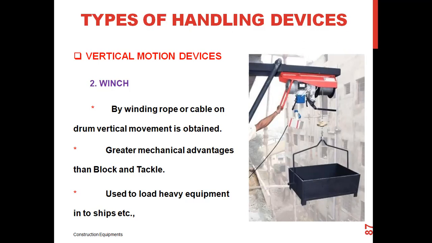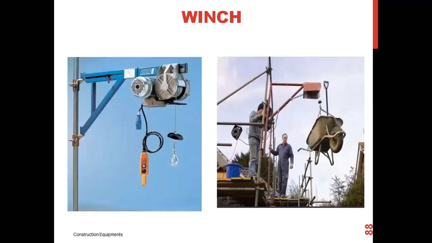This winch arrangement comes with a winding rope or cable on a drum, and vertical movement is obtained here. This is the winch equipment, and in this image we can observe an arrangement to hold or buckle the load which has to be lifted, and these are the operators. If a button is pressed, without any requirement of manpower, the load can be mechanically lifted up.